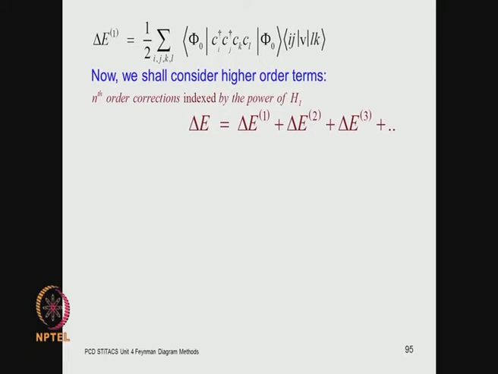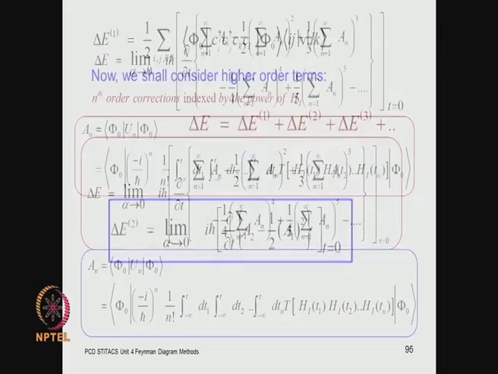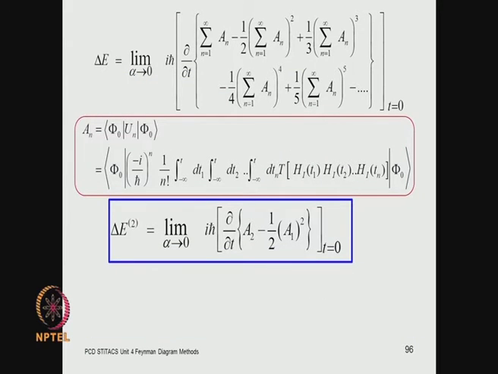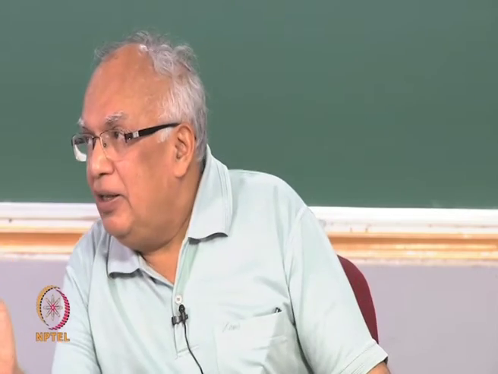So, let us now consider higher order terms, and these are the higher order terms. They have got a fairly complex structure, we have considered them earlier. Okay. So, out of these very many higher order terms, now like what we did earlier, that to begin with we considered only the first order term, let us now work only with the second order term.